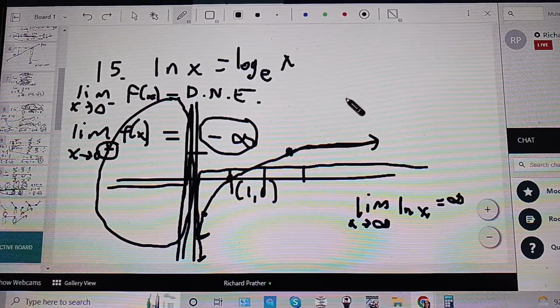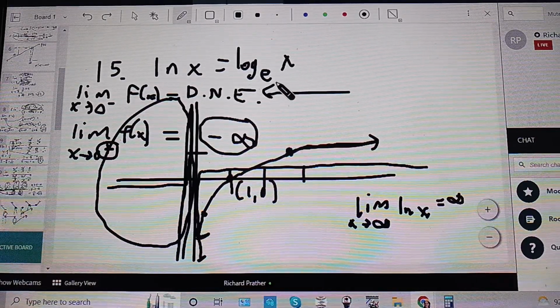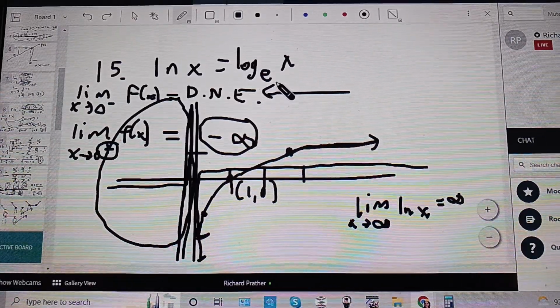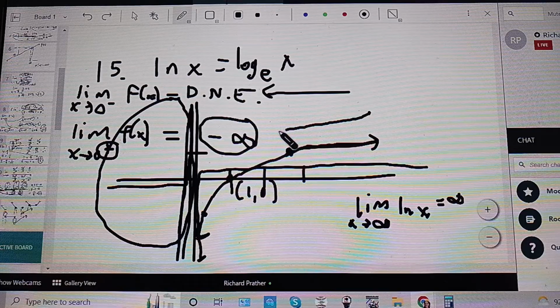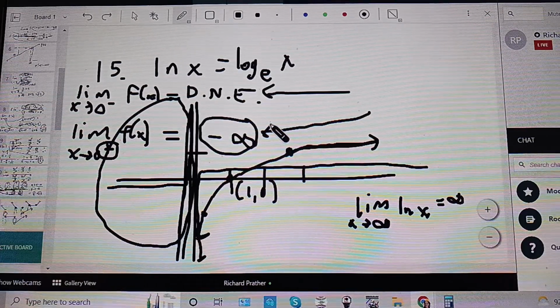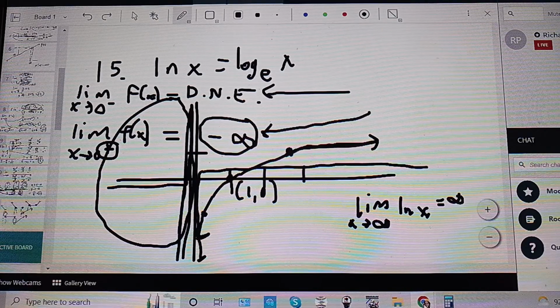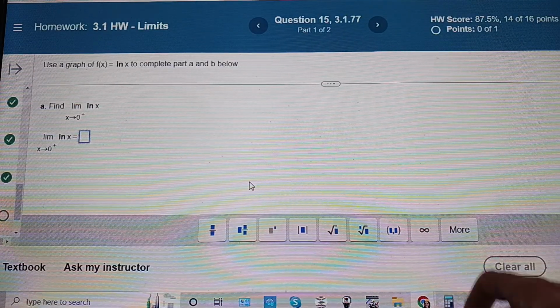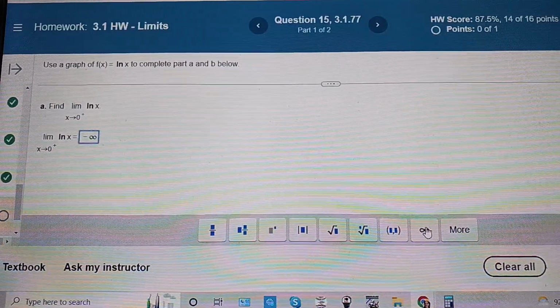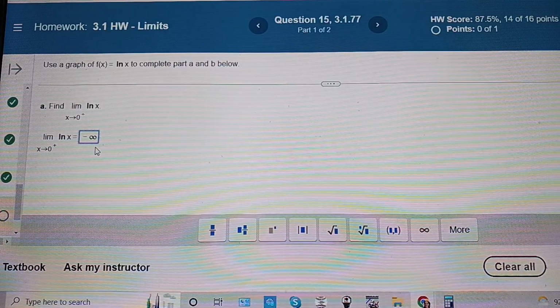So when they want you to say does not exist, that's when they say does not exist, but it's also not infinity or negative infinity. If your limit answer is infinity or negative infinity, it technically also doesn't exist, but it's a more specific answer at least. It doesn't exist because it is negative infinity is what we're really saying. But it's different than a generic does not exist where you're getting disagreement on your answers.